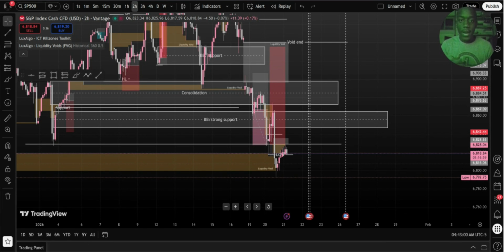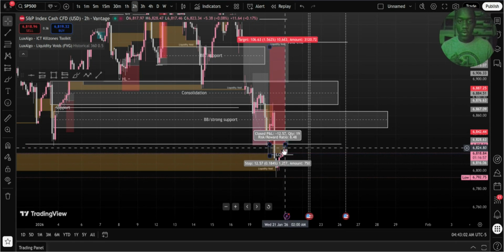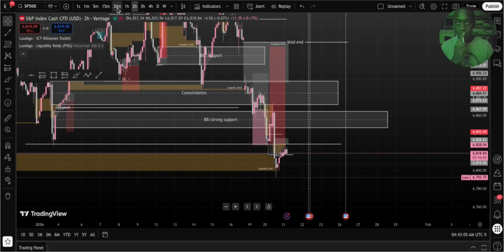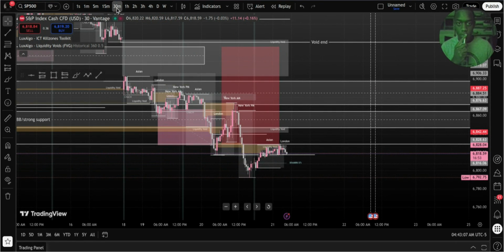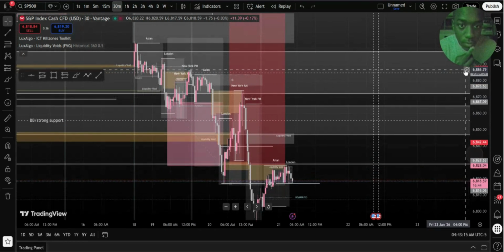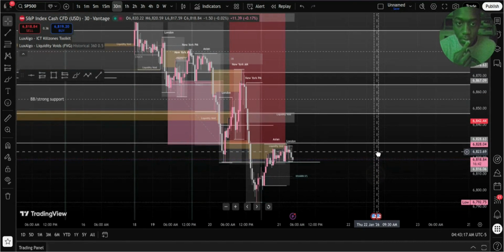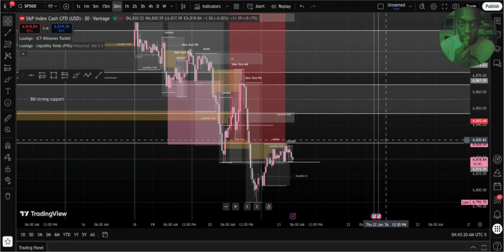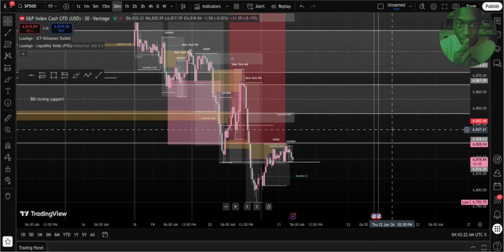So we got lower highs and lower lows consistently being broken here. That's good. So sometimes I feel like I overthink things. It ain't that much to think about.